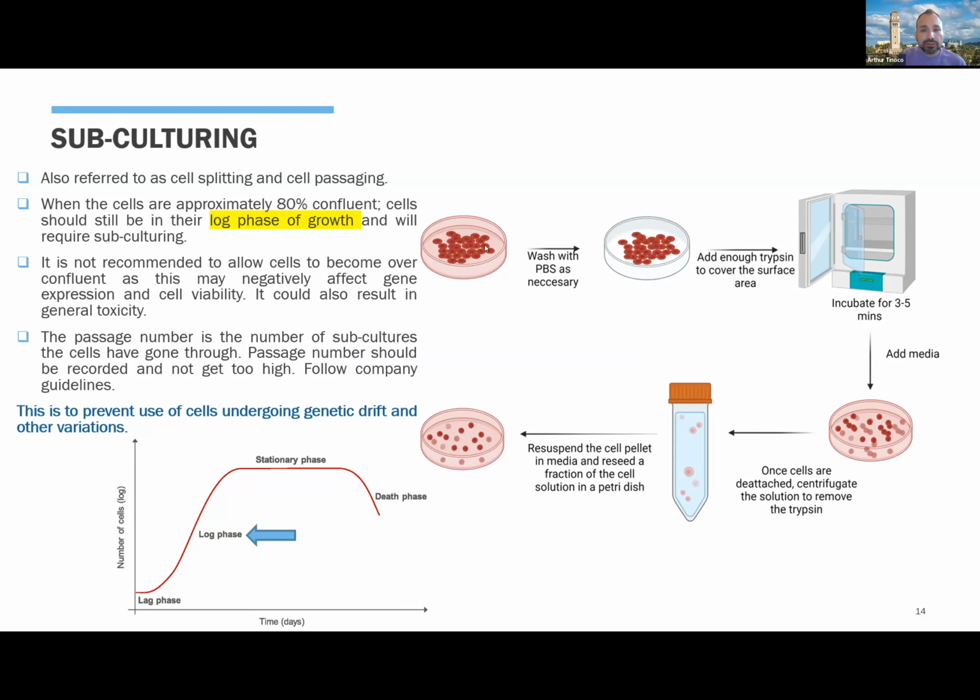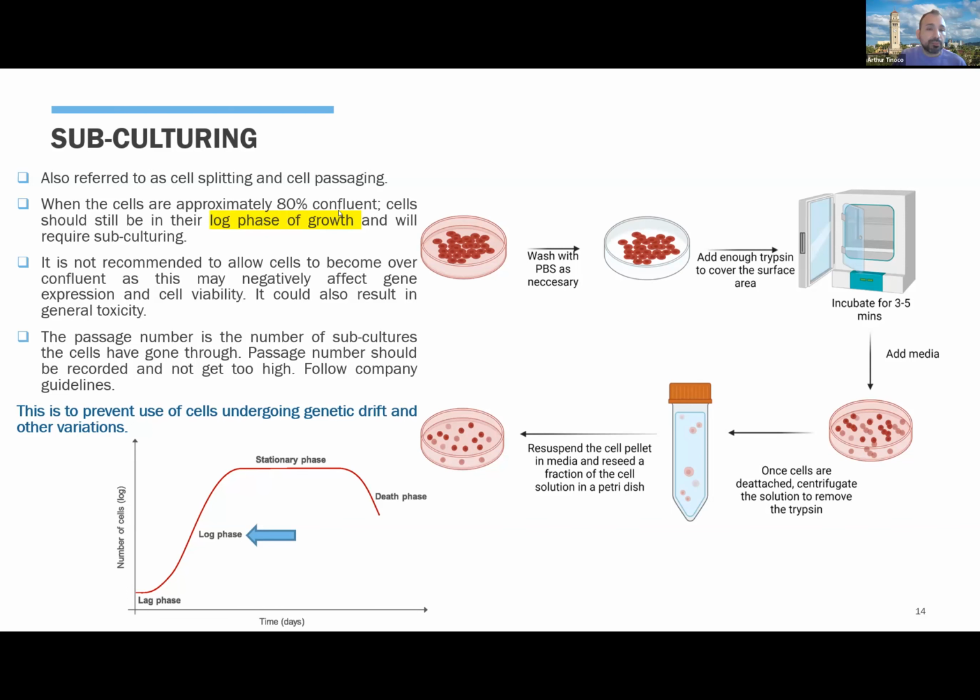So you have a certain space that the cells can cover. 100% confluency means that your cells are covering all the space. So this measure is a relative measure to your eye. If your cells are filling up 80% of the surface, they're adherent, then they would be 80% confluent.